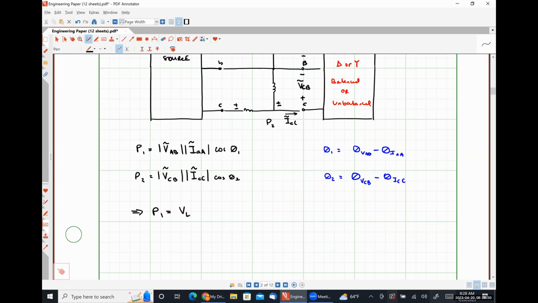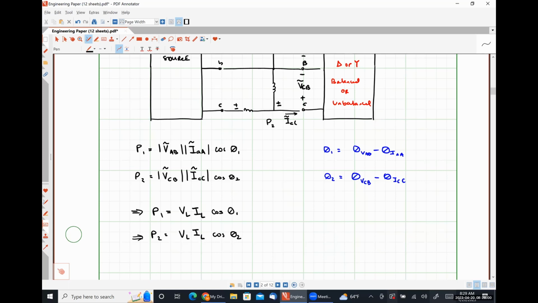IAA, by definition, is a line current, so its magnitude is going to be simply IL, assuming we have a balanced system here. And then P1 is VL IL cosine theta 1, and P2 is going to be VL IL cosine theta 2.